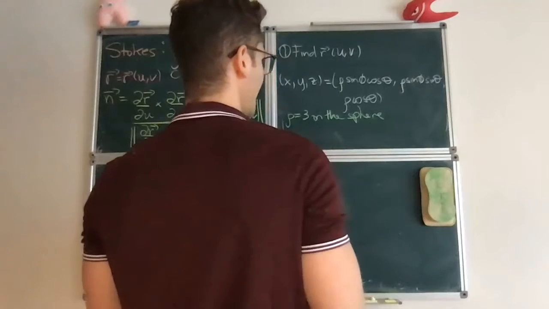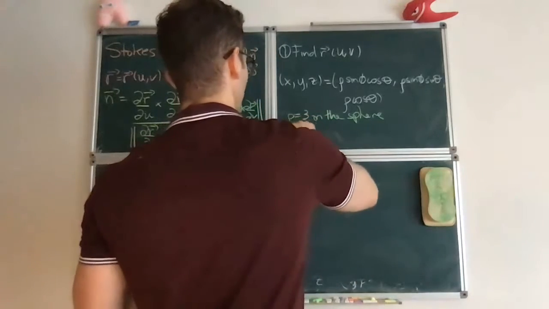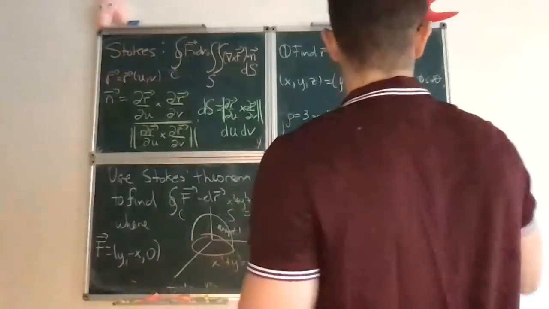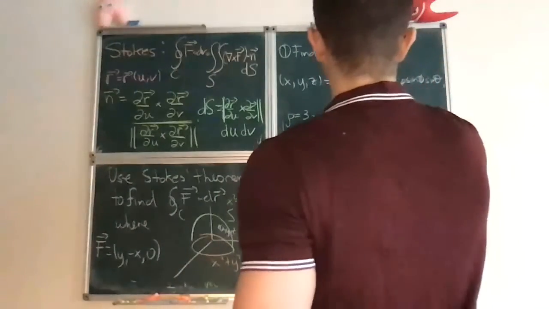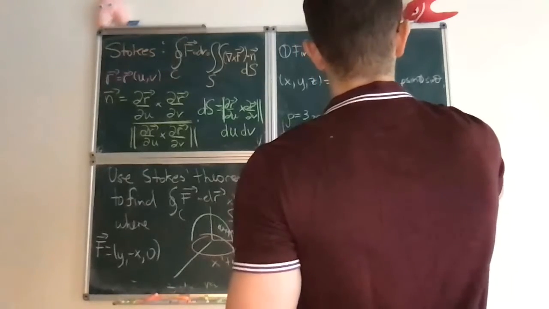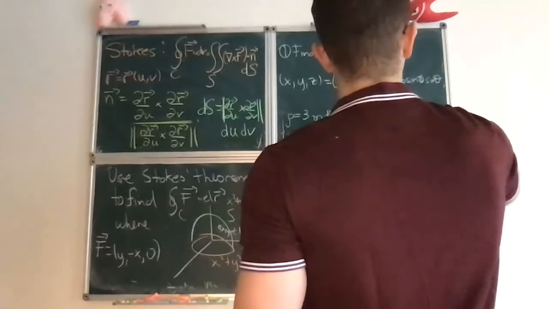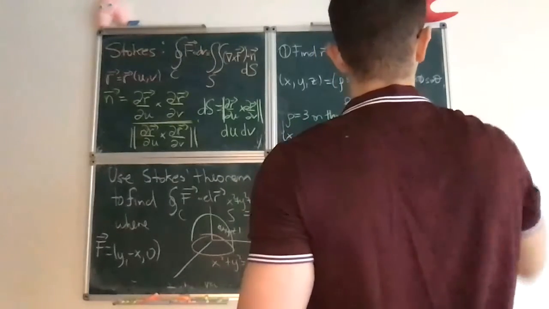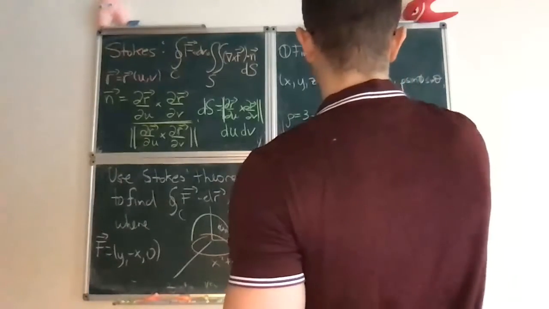That means that any point on the sphere, x, y, z, is of the form 3 sine phi cosine theta, 3 sine phi sine theta, and 3 cosine phi.